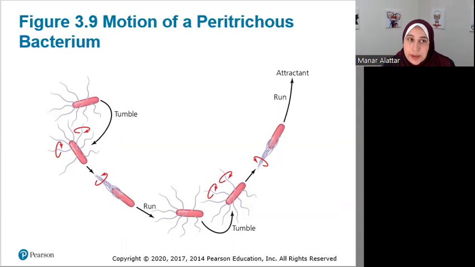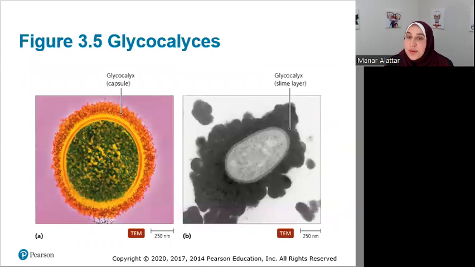We also talked about how bacteria and archaea, well, when we talk about archaea, it would be the same for flagella, but stay tuned. These are unicellular organisms that need to have protective layers within their environment. So they have these sticky layers that they keep around them called glycocalyces.